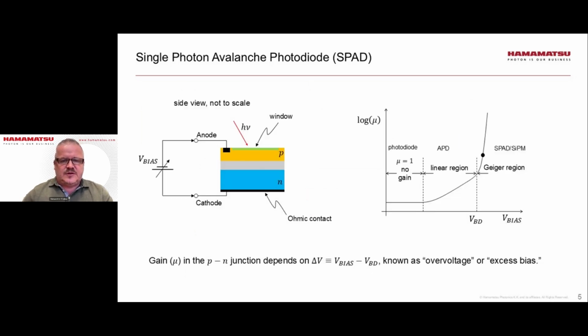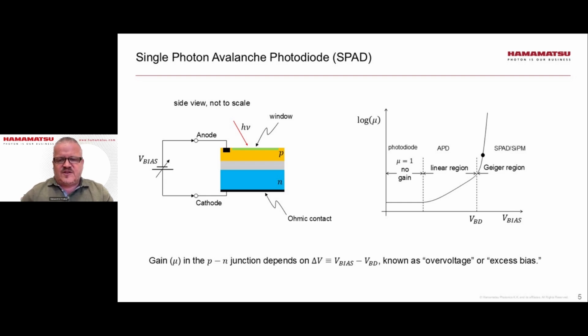For a p-n junction to operate, it needs to be biased. Here we apply a reverse bias labeled V bias. On the right-hand side, we see a plot of gain, mu, as a function of bias. If the bias is sufficiently low, there is no gain. This is the regime where photodiodes operate.